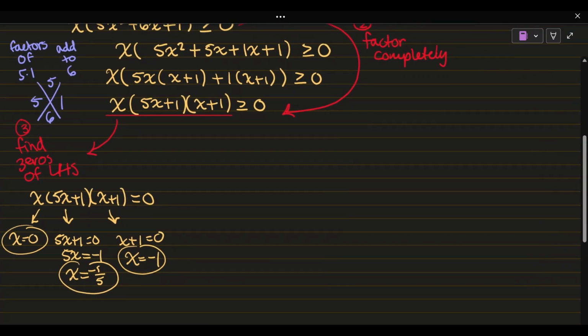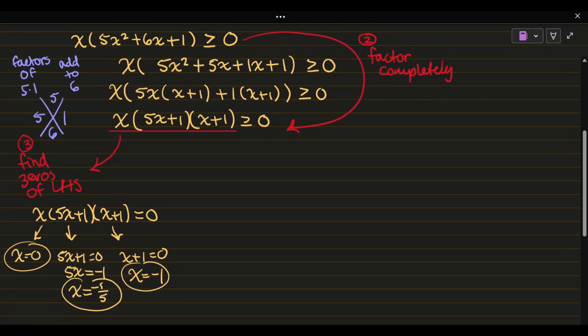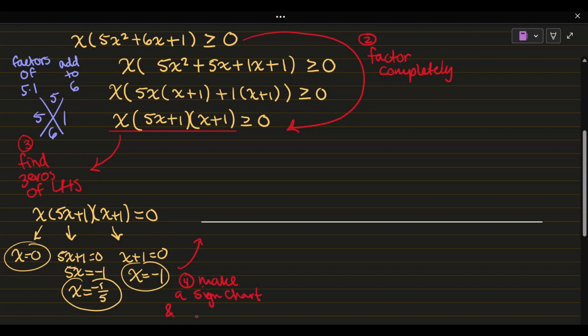Okay? So I'm going to take my zeros and plot them on a sign chart. So my next step is to make a sign chart. Fourth step is to make a sign chart and plot the zeros that we found.